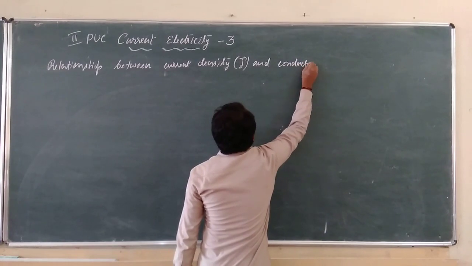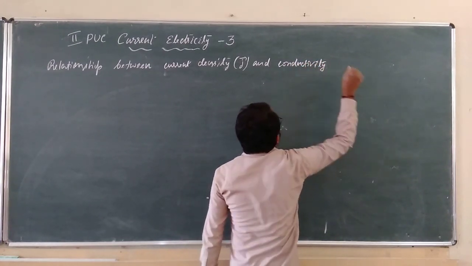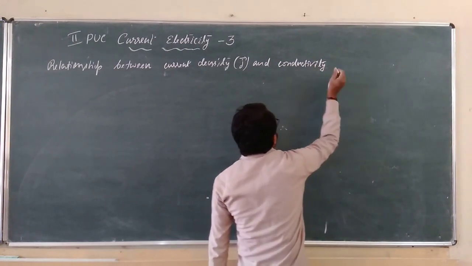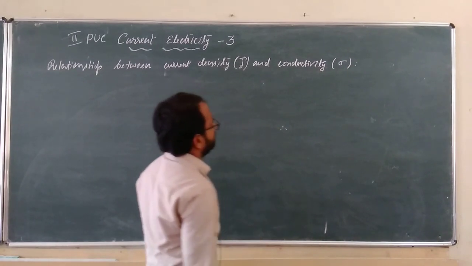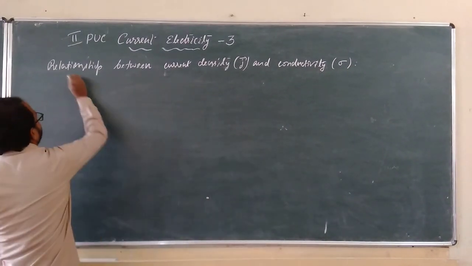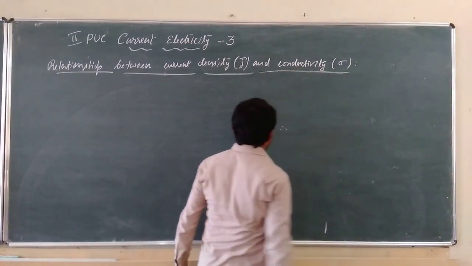See, conductivity means electrical conductivity, and resistivity means electrical resistivity. Sigma is the electrical conductivity we are speaking about. What is the relationship between the current density and conductivity?